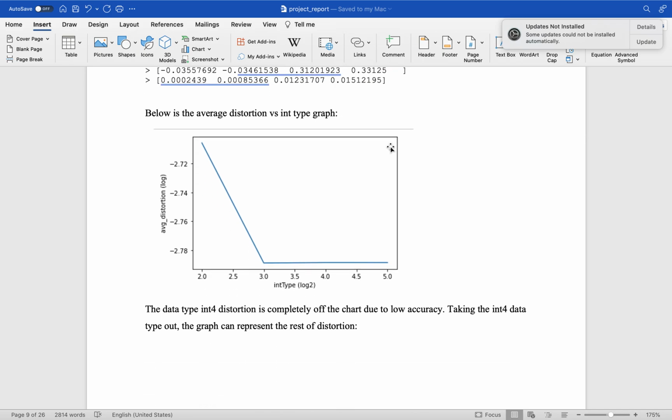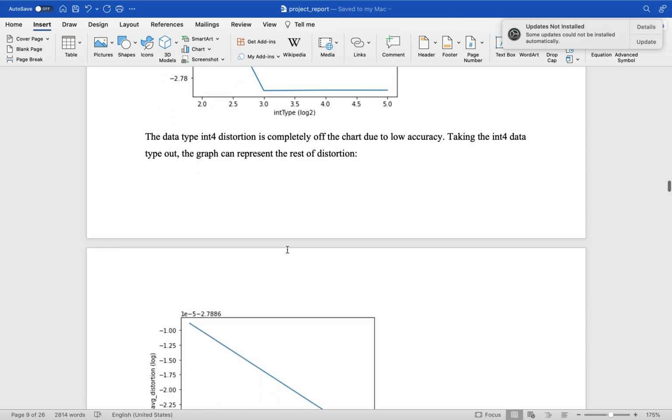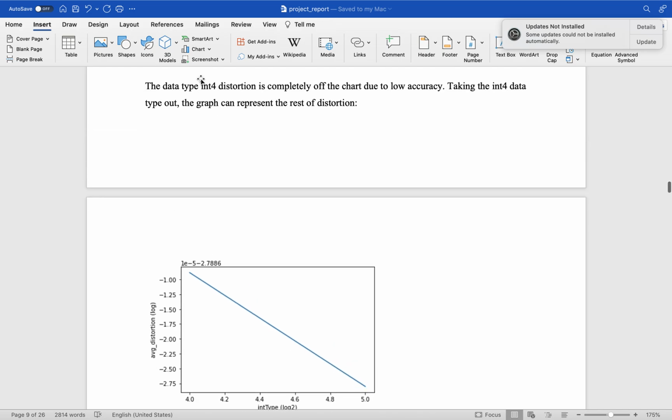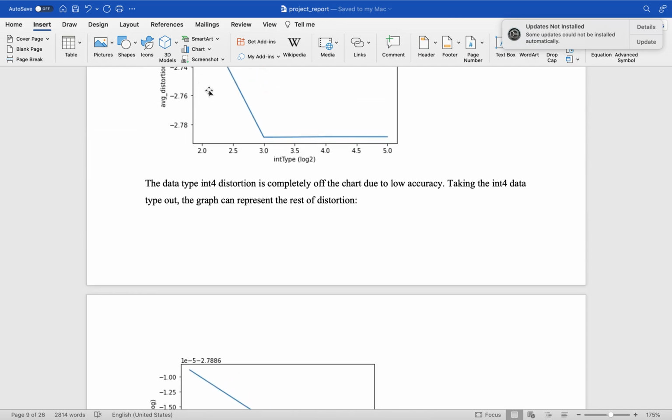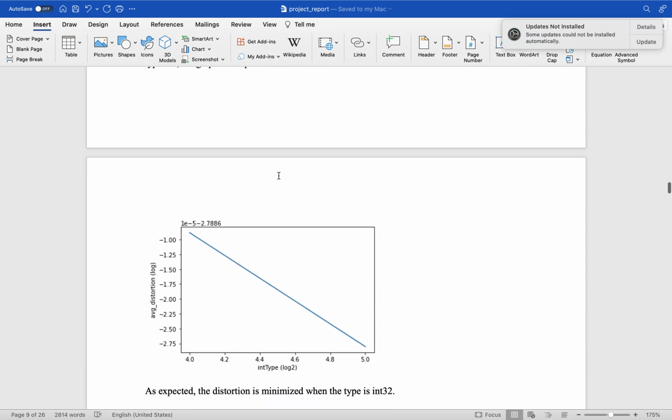The average distortion is a bit difficult to visualize because the distortion at int 4 is pretty huge, and int 8 is also huge compared to int 16 and int 32. If we eliminate the point that is so huge that even if you take the log, you cannot see it in the graph.